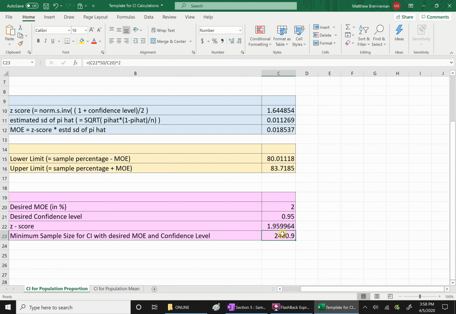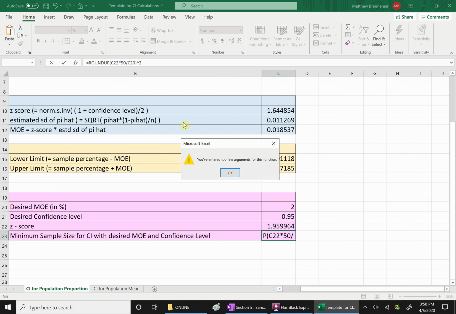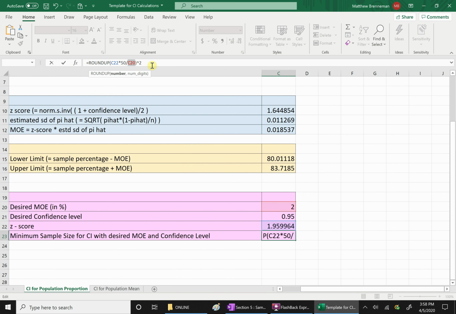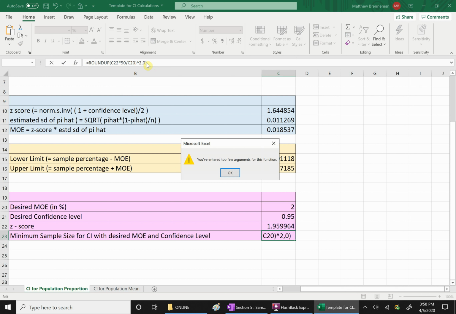And there's actually a way in Excel you can do this. There's actually a command. If you wanted to be super careful, it's called round up. Okay. And then you tell how many digits, and you say 0. That's the number.